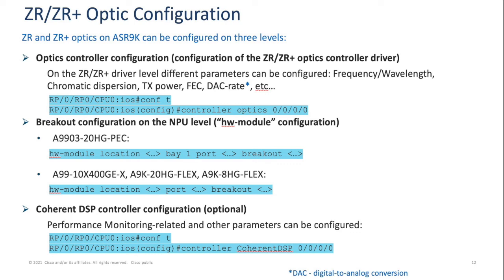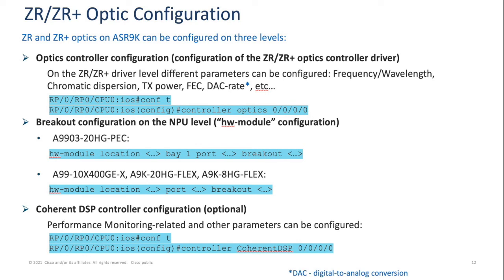On the NPU level, usually we need to choose a breakout option only. But depending on the line card you use and the DCO mode you are planning to enable, the breakout configuration might not be required because the port can be in the demanded mode by default. There is a difference in the configuration of the breakout option for regular line cards and for the ASR 9003 port expansion card.